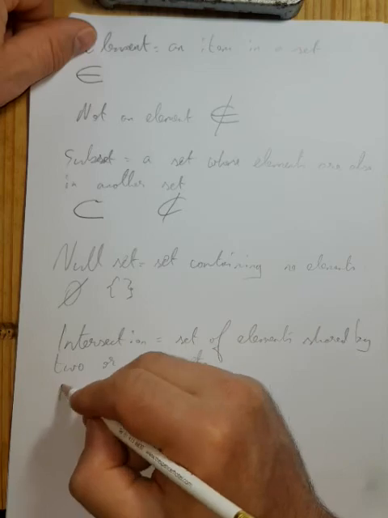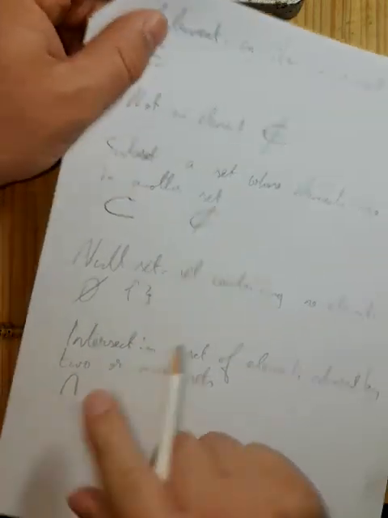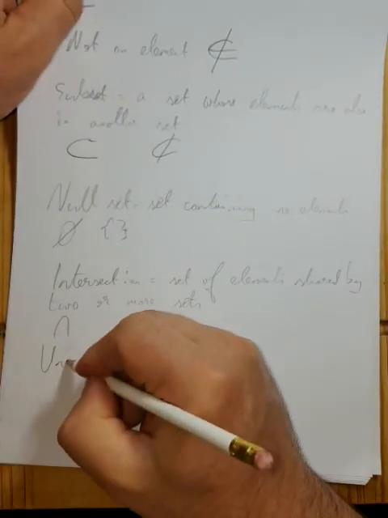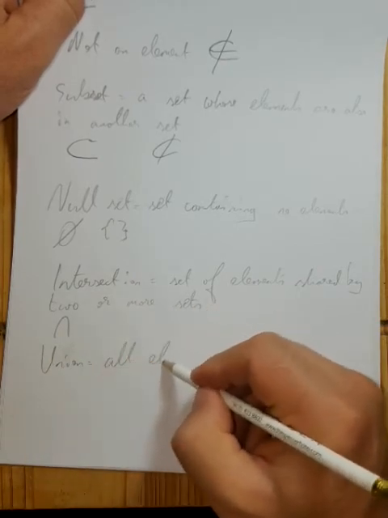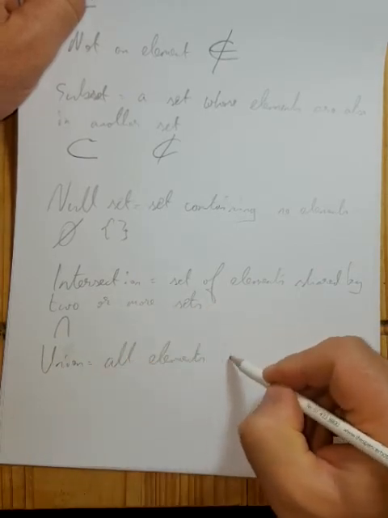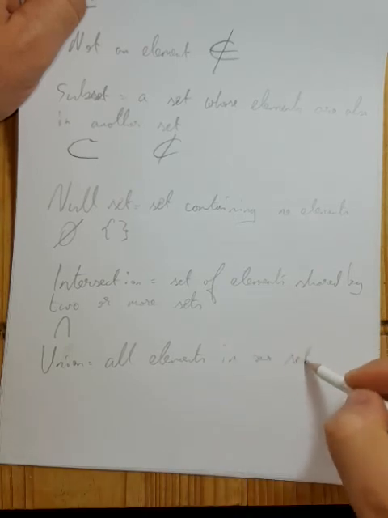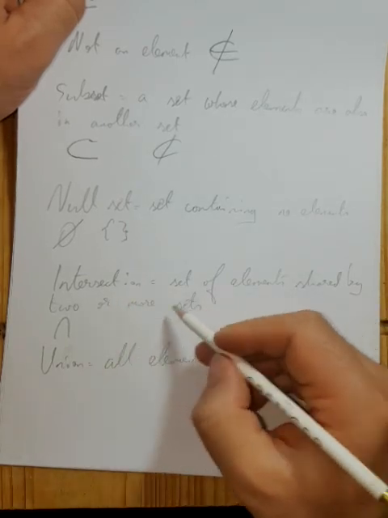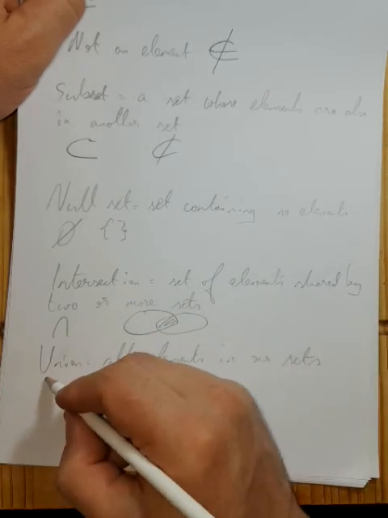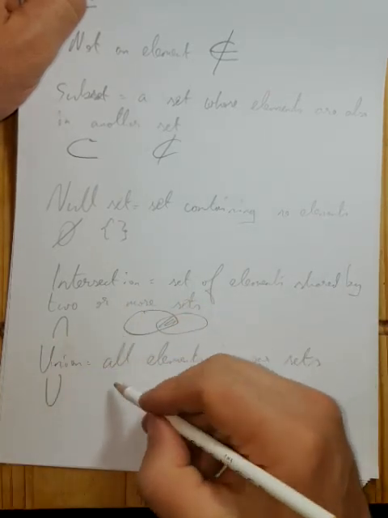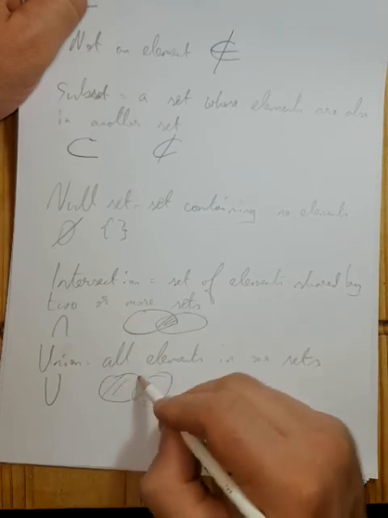That's an upside down kind of U. We have union, which is all elements in our sets. By the way, intersection was this bit of a Venn diagram. Union is the weird U, and union is all of it.